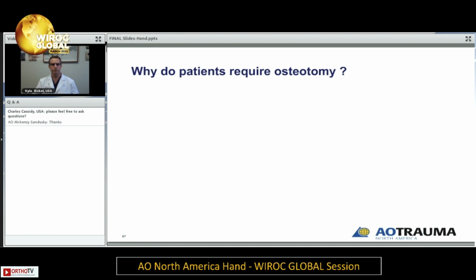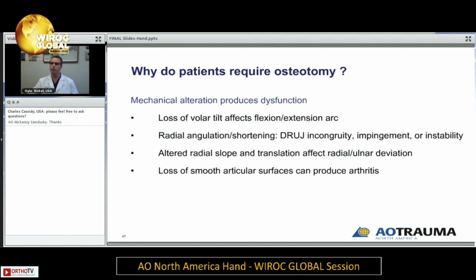Well, I think first it's important to understand why patients require osteotomy in the first place. First and foremost, there's mechanical alteration in the radial anatomy which produces dysfunction. And there are a number of features, we've heard about them a bit. Loss of volar tilt will affect the flexion extension arc of the wrist and the range of motion.